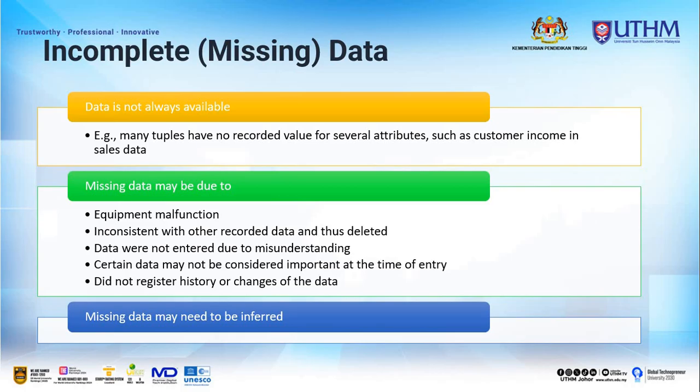So this can happen for various reasons like human error, system failure, or simply skipped entries. Why do we obtain this kind of missing values, incomplete data? Due to many different reasons.